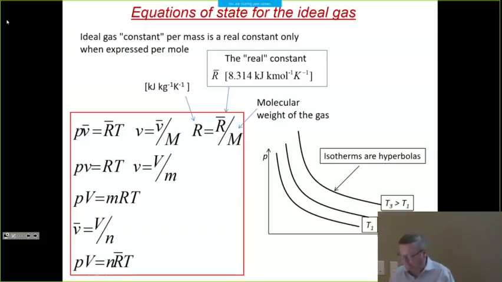If you express this as a function of the total volume of your system, your PV would be the mass of your system times RT.